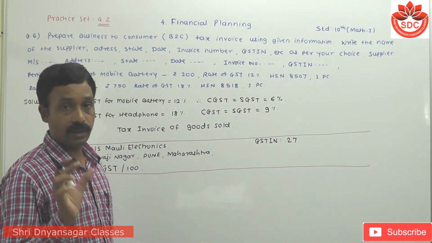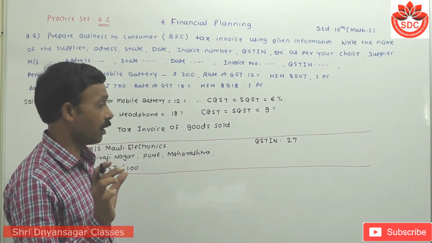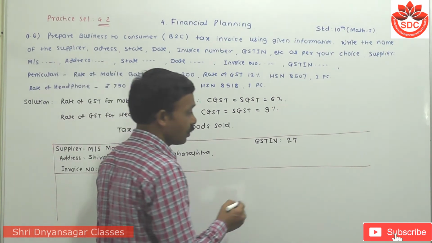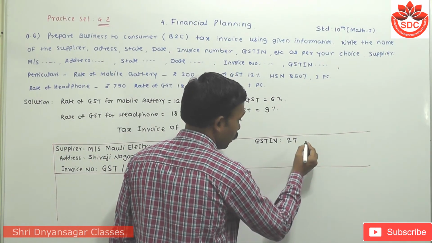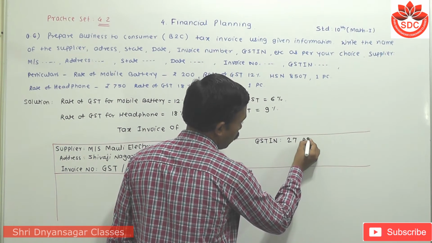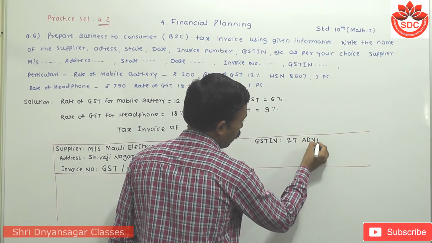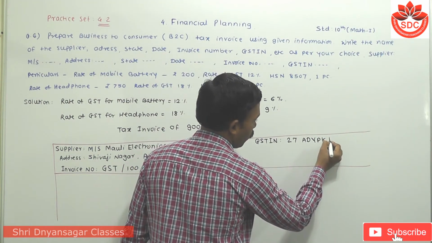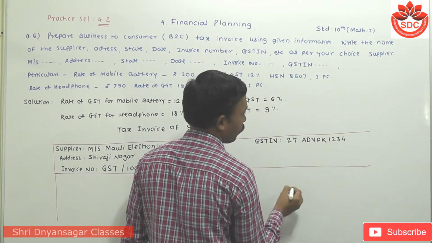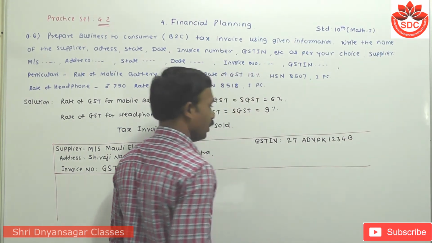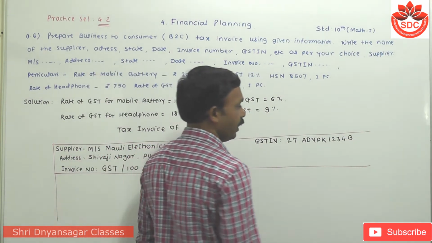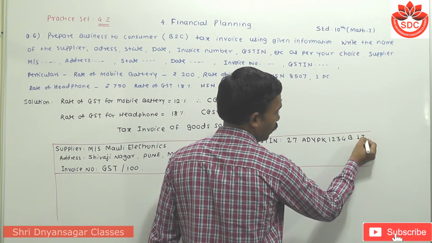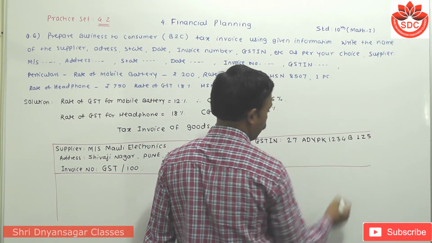Then you have to write the PAN number, the permanent account number, which is 10 characters. Suppose this is 1, 2, 3, 4 and any other characters, and then 1 Z and 5.